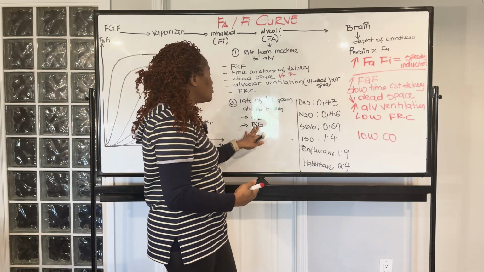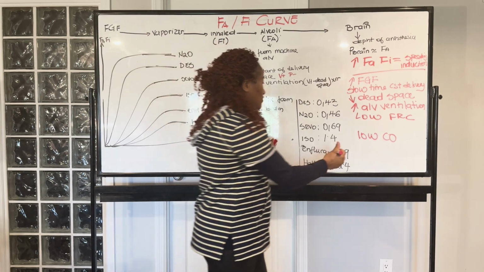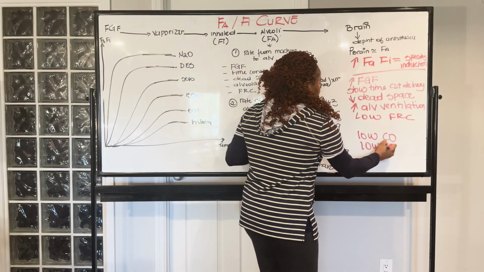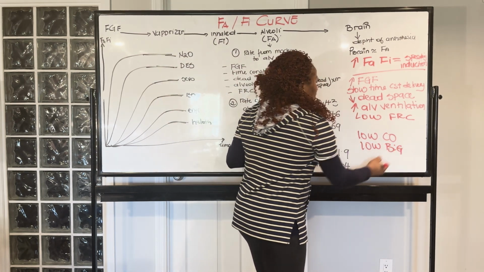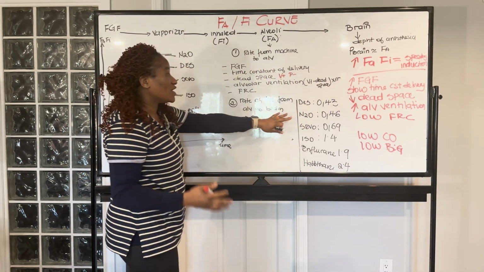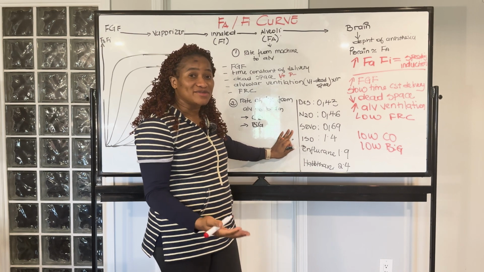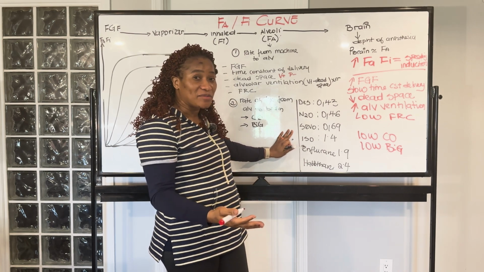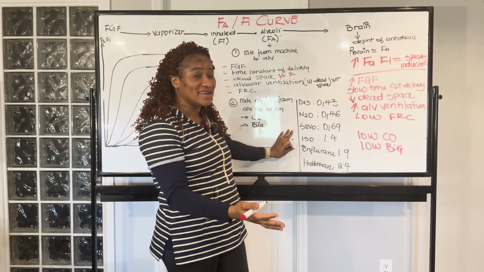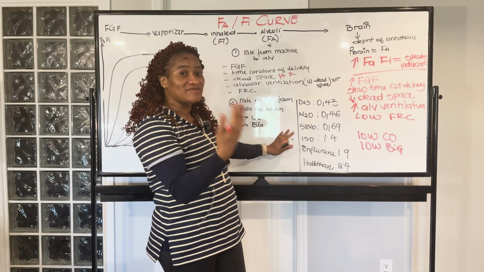And also I need a low blood gas partition coefficient. Why? Because if you are less soluble, you don't have time. You are not soluble in the blood, so you are not hanging around the blood rather than getting into the brain. So your speed is faster.